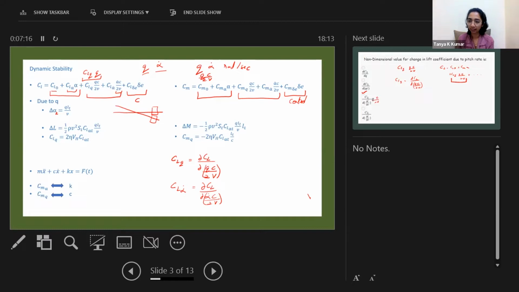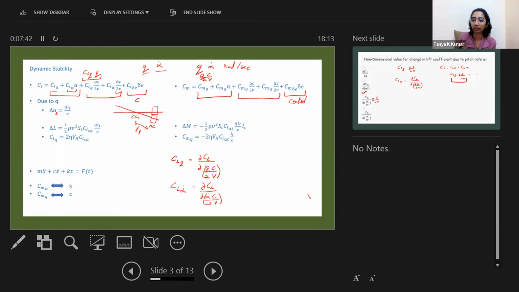Q is the pitch rate, LT is the moment arm between the CG and the AC of the tail, and V is the velocity. So approximately the change in angle of attack at the tail is QLT by V. Now when the tail witnesses an increase in the angle of attack, what happens?